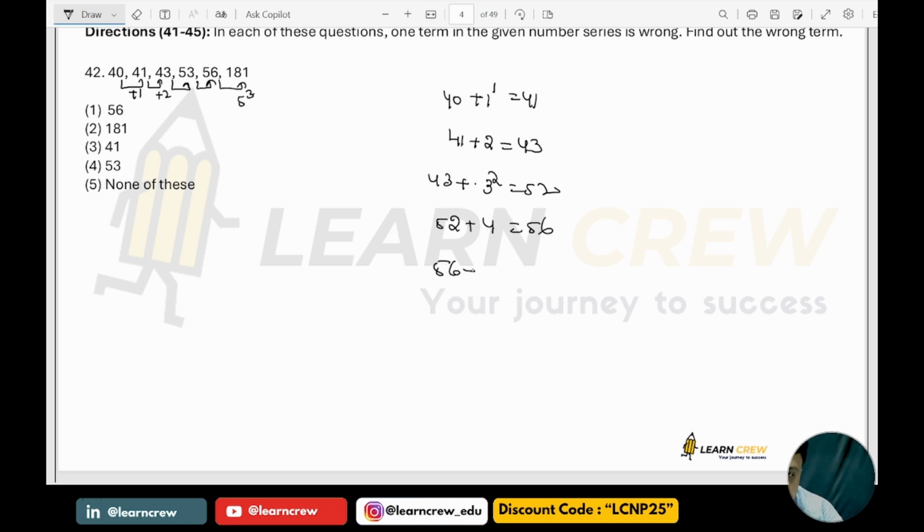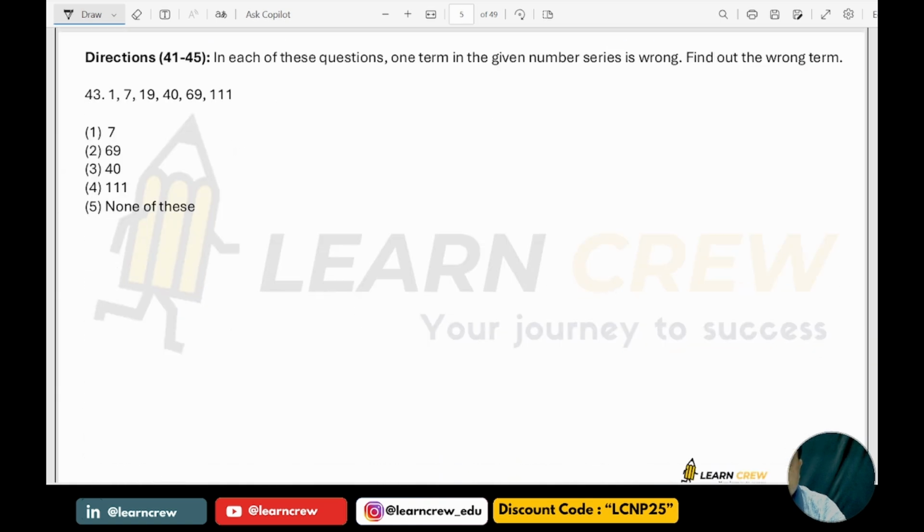Then 56 plus 5 cube. So alternating: power 1, power 2, power 3. So 56 plus 125 is 181. What is the wrong number here? The wrong number is 53. In that place 52 has to be there.